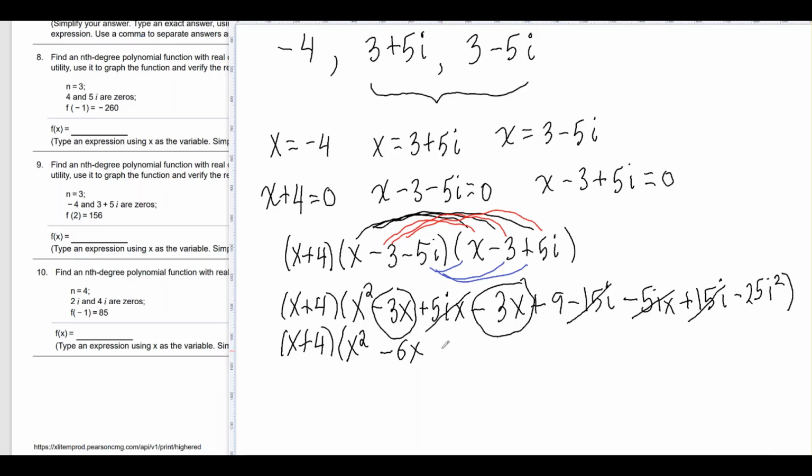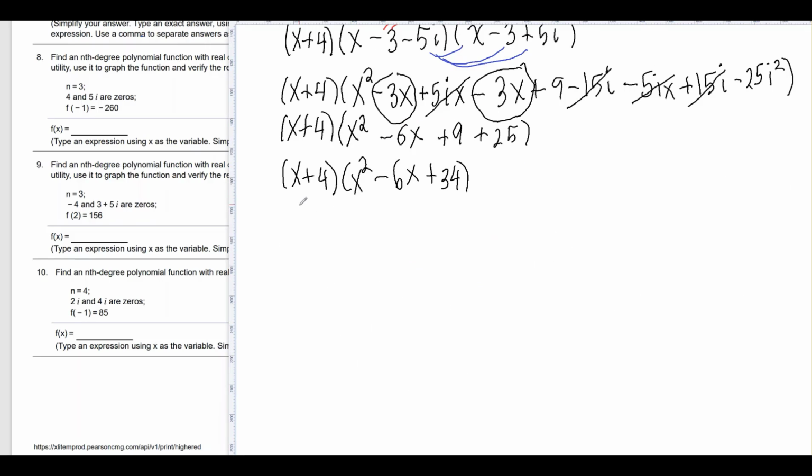But I have a plus 9. And remember, i squared is -1. So negative 25 times -1 is a plus 25. So I end up with x plus 4 times x squared minus 6x plus 34.